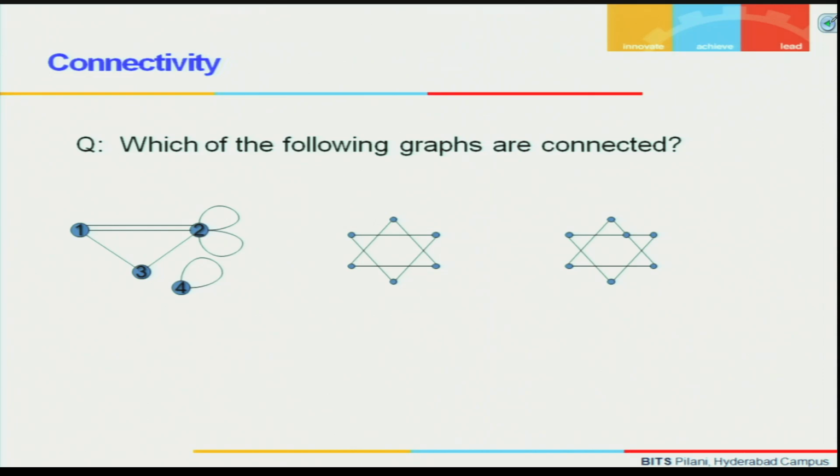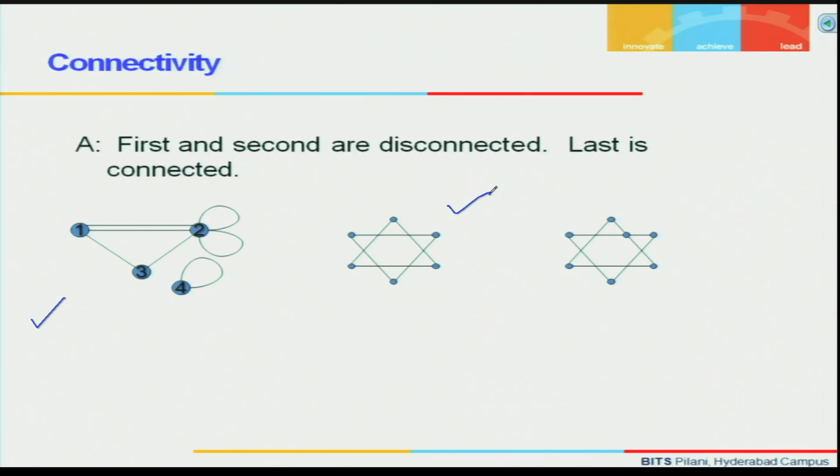By looking at it, we can say that the first example is definitely not a connected graph, because this particular subgraph of this graph is not connected. There is no path from 3 to 4, hence this is definitely a disconnected graph. How about this one? Is this graph connected or not? It looks like they are connected, but actually it is not.